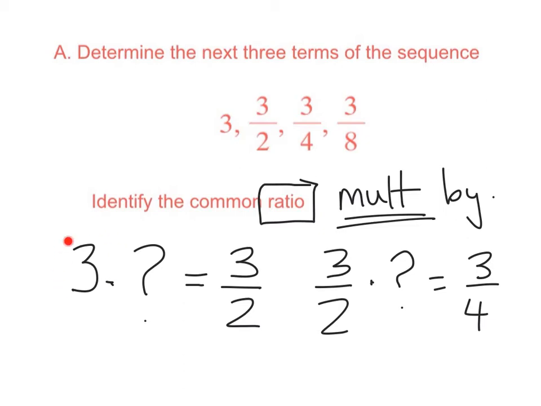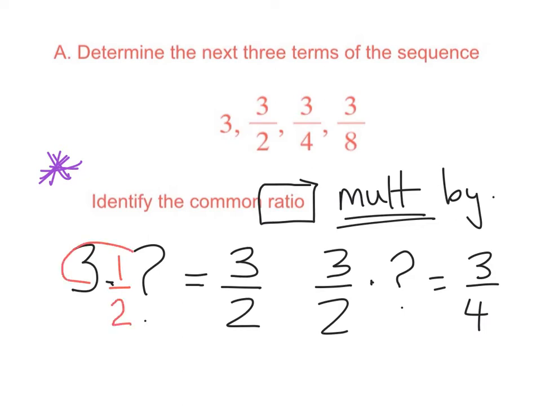A lot of people like to say, well, 3 divided by 2 is 3/2. So instead of saying divide in your head, we want to say multiply by the reciprocal. So maybe make a note for yourself. If you're thinking division, multiply by the reciprocal. So dividing by 2 is the same as multiplying by 1/2.